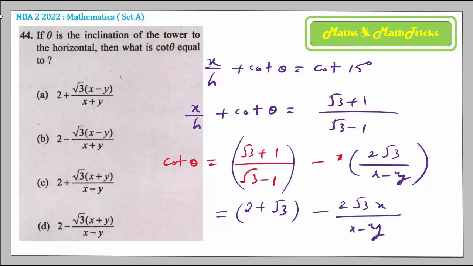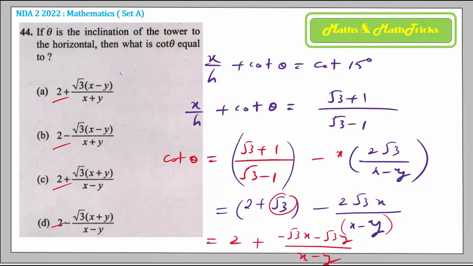So we can take root 3 from this and put the 2 aside, because I can see option 2 has kept aside. So root 3 into this denominator x minus y. What do you get? That is root 3x minus root 3y minus 2 root 3x. So root 3x minus 2 root 3x will be minus root 3x. So you have minus root 3x resultant and minus root 3y divided by x minus y.